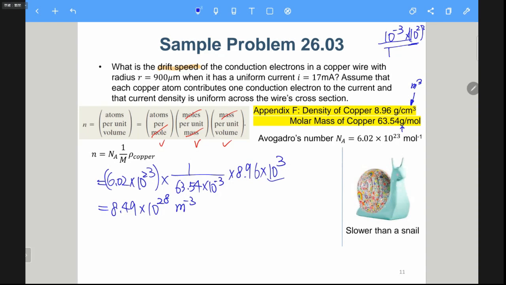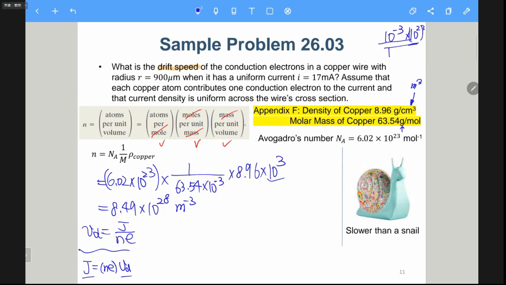Okay, so this is the carrier density, and we can make use of v_d equals J over nE. If you still remember this equation, just now it is up here as J equals nE times v_d. The current density is proportional to the drift velocity, so we just move nE to the left side.